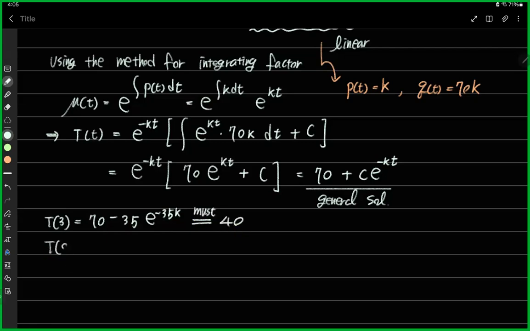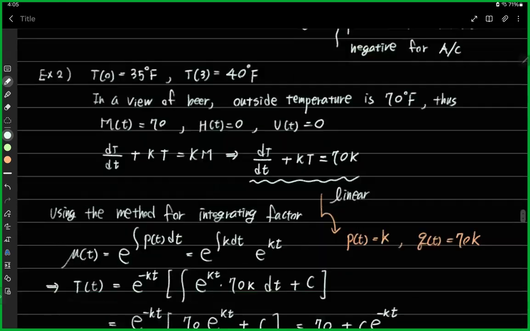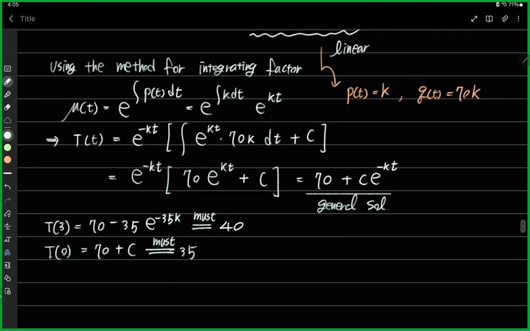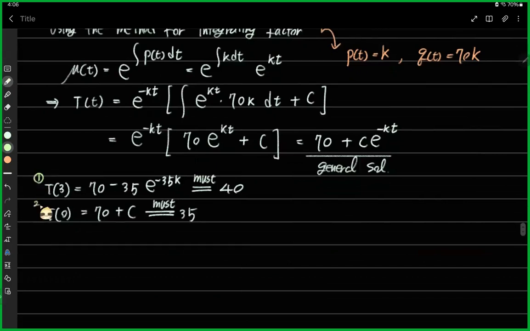T of 0 is equal to 70 plus C. That must be equal to, the problem says, 35. So we have two unknowns and two equations. From here we can figure out K, and from here we can figure out C. Let's say this is the first equation, and this is the second equation.